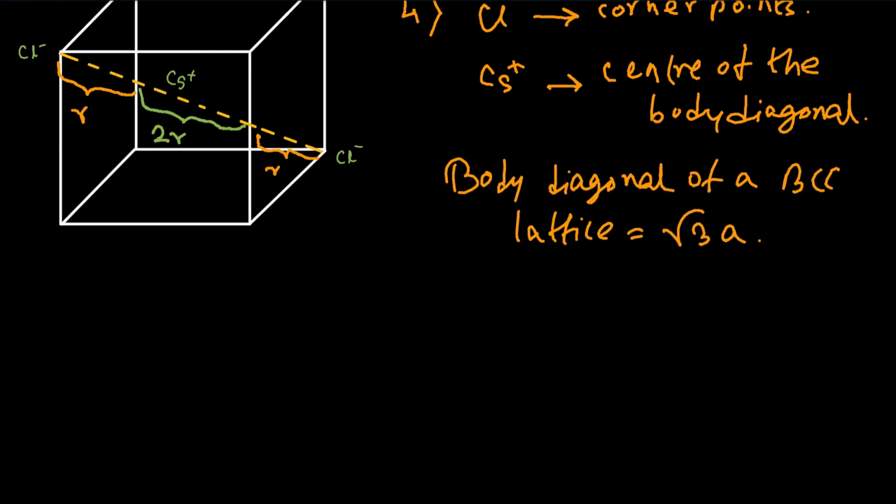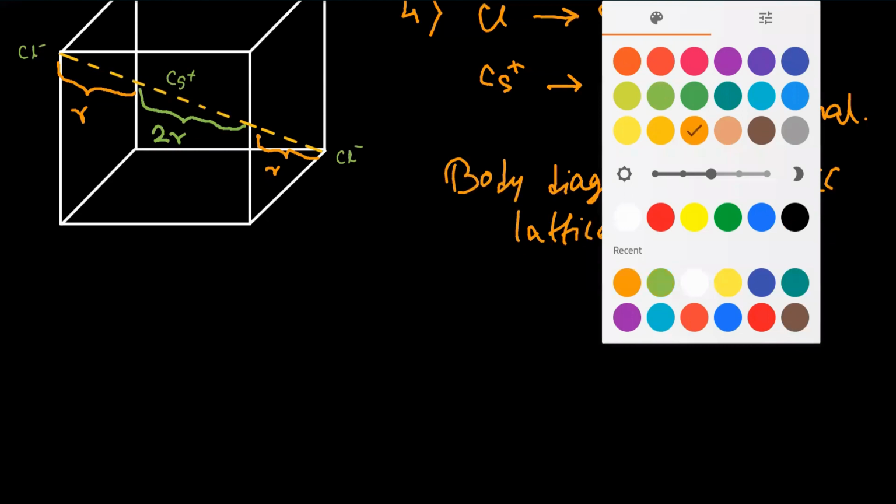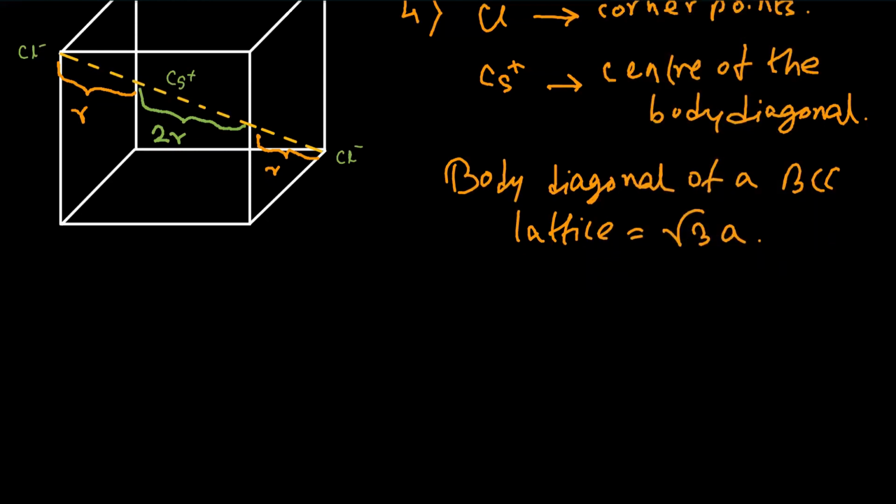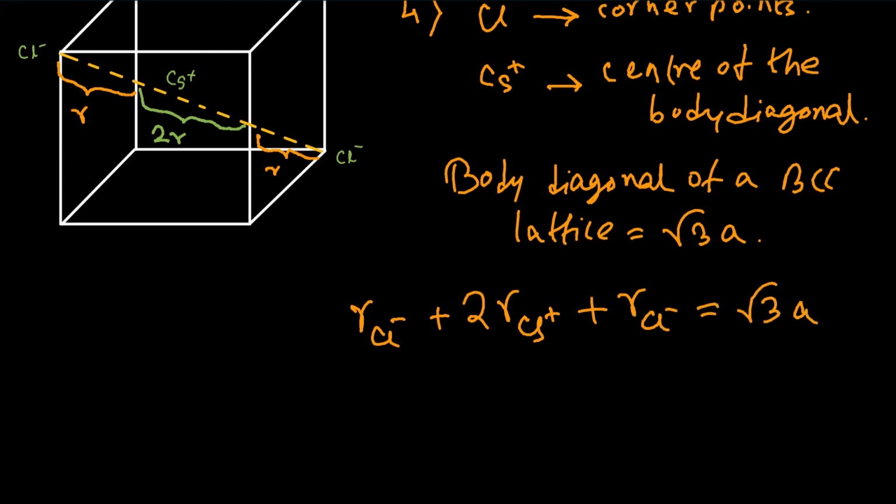So the entire body diagonal is equal to how much? It is equal to radius of Cl minus plus 2 radius of Cs plus plus radius of Cl minus.